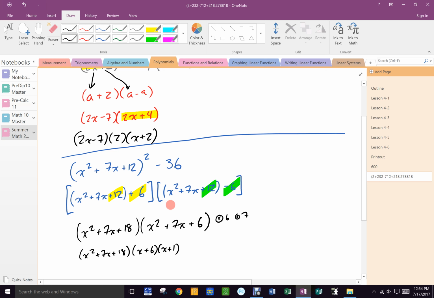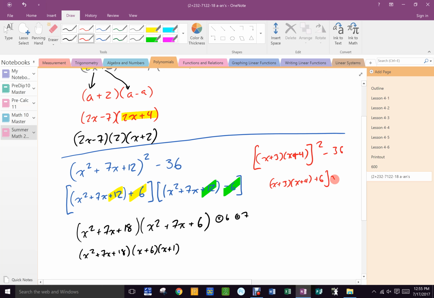Now, is there another way you could have done this? Could you have factored this right away? Could you have done this? x plus 3, x plus 4, all squared minus 36? And then that would have been x plus 3, x plus 4, plus 6.